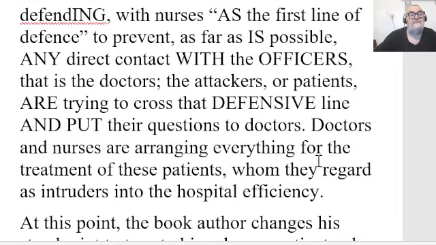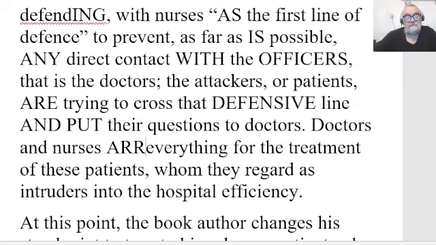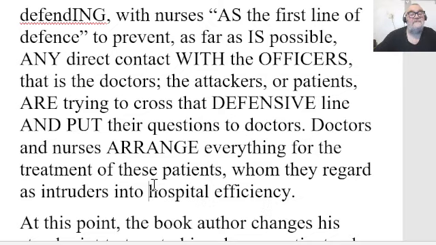Doctors and nurses arrange everything for the treatment of these patients, whom they regard as intruders into hospital efficiency. I think I would be happier with a present simple.